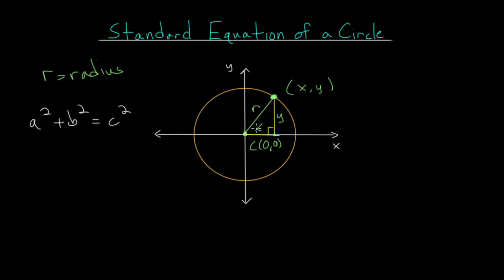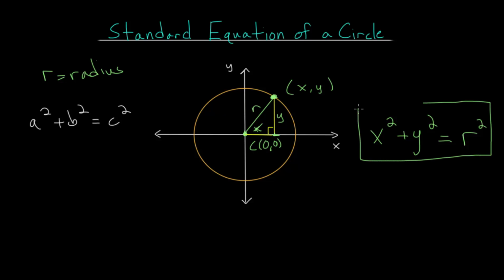So this is just x here. And relating these using the Pythagorean theorem, we can call x and y, those are just a and b. So we have that x squared plus y squared is equal to the hypotenuse squared, which is r squared. And this is the equation of a circle centered at the origin.